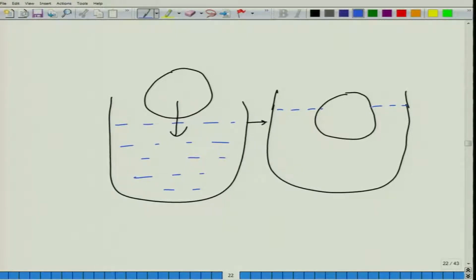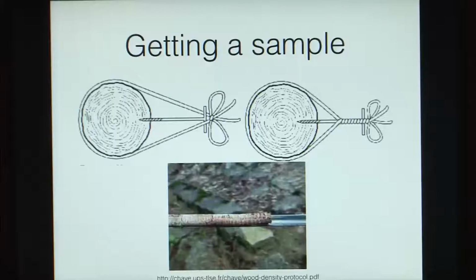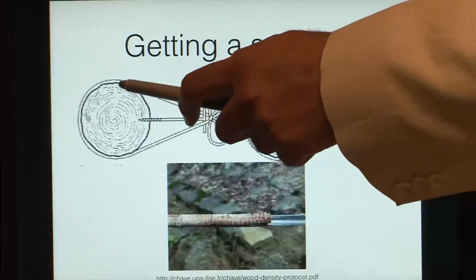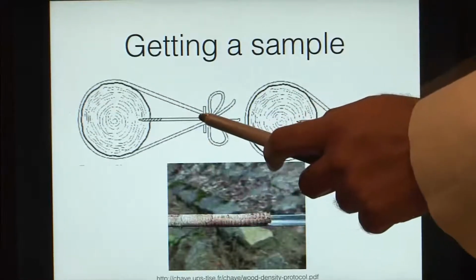First of all, we need to get a sample. So, how do we get a sample from a tree? We can use a borer, as you can see on your slides now. A borer is used to get the ring counts that we have seen earlier. In the case of hardwood species, we generally put a rope around the tree. Here is the rope, and here you have the borer.